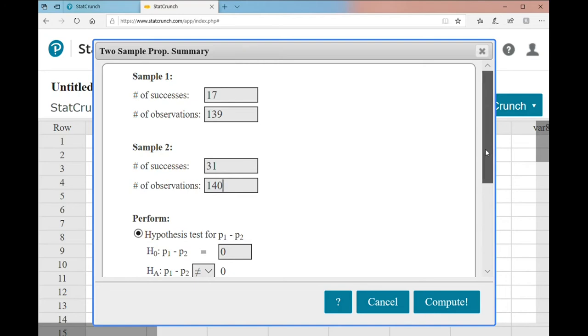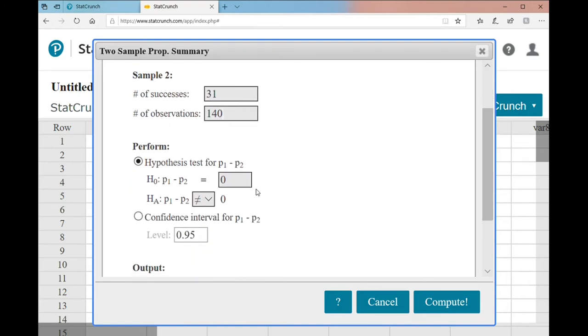We're going to go to hypothesis tests, and the null hypothesis is always set on equals for your homework and StatCrunch. But for the alternative hypothesis, we're going to change it to less than, and the notation's a little bit different than what we did, but it means the same thing.